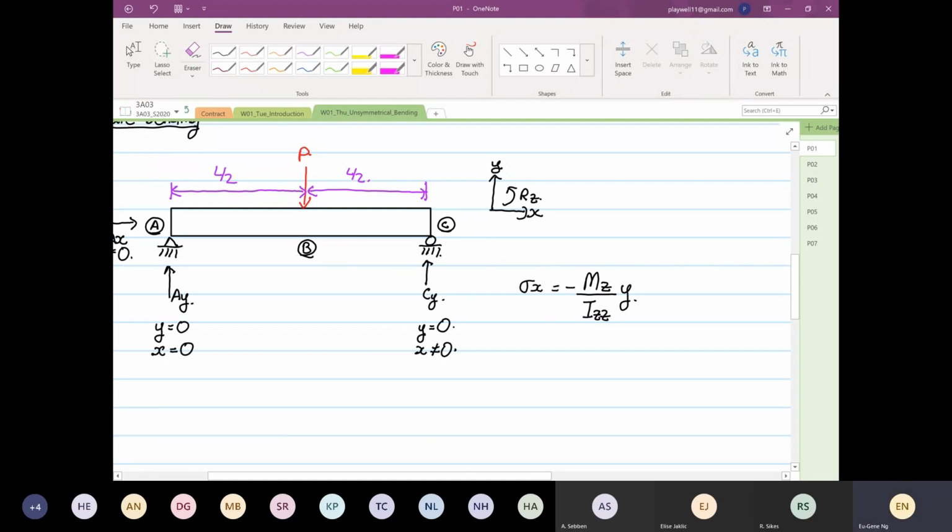This is a formula that we will generally use to find the stresses in the x direction. So let me identify the terms.